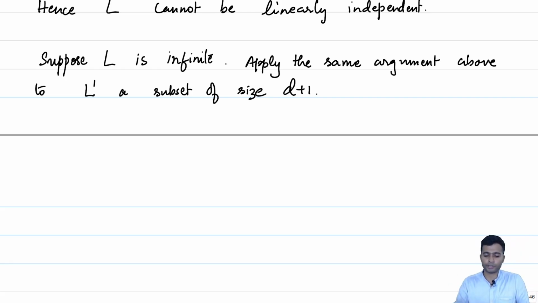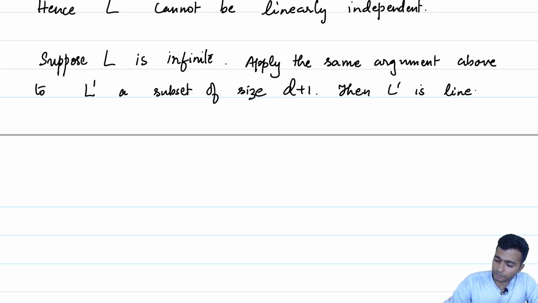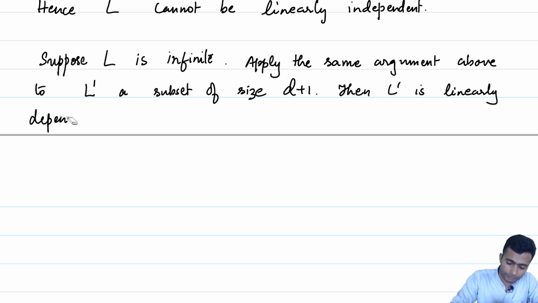You take a subset of L which is of size D plus 1, then L prime is linearly dependent. But if a subset is linearly dependent, the set has to be linearly dependent, right? Which implies that L is linearly dependent. And we are done.